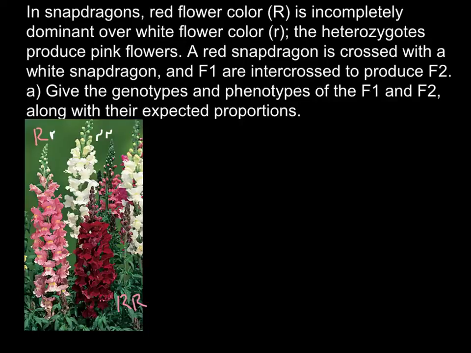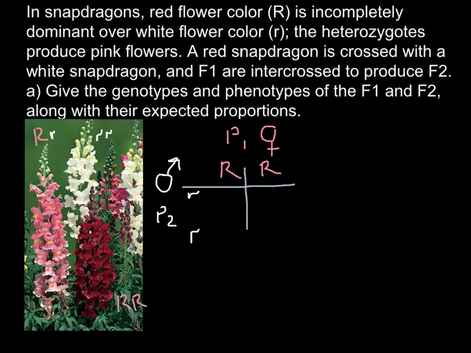So as we told, on one side we have one parent, that is going to be parent 1, and for example this is going to be the female plant, and on the other side we have parent 2, and let it be male. So here we have 2 capital R's. This is going to be the red flower, and on the other side we have 2 small r's. And now let's build the Punnett square.